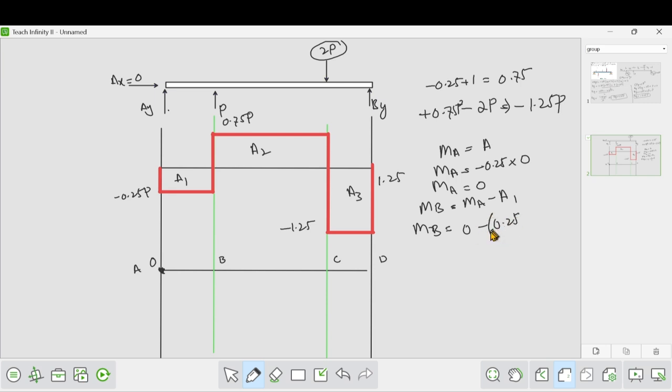This is negative 0.25 multiplied by length 0.25, which is L divided by 4, so 0.25L. So moment at point B is negative into negative, positive 0.25 multiplied by 0.25, so it is positive 0.0625.